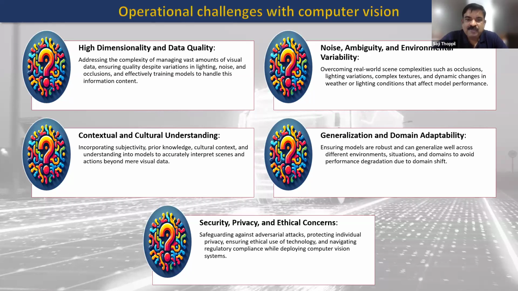You also have some hacking techniques by which you can hack a vision model. For example, you could wear a certain kind of t-shirt pattern and go in front of a camera, and the camera may detect you as a horse, or as a non-human, right?